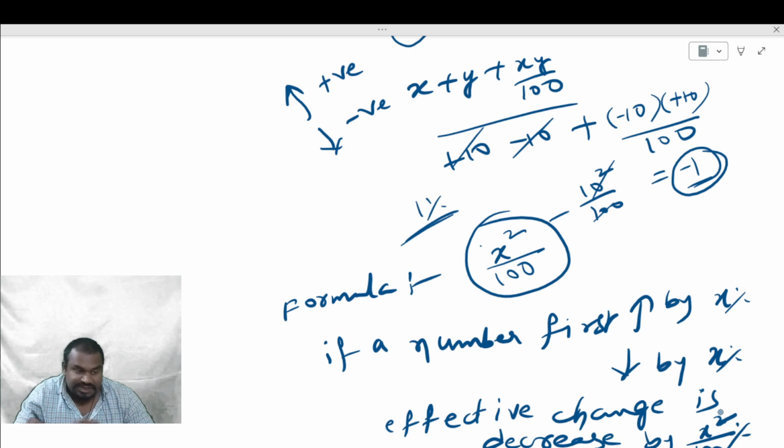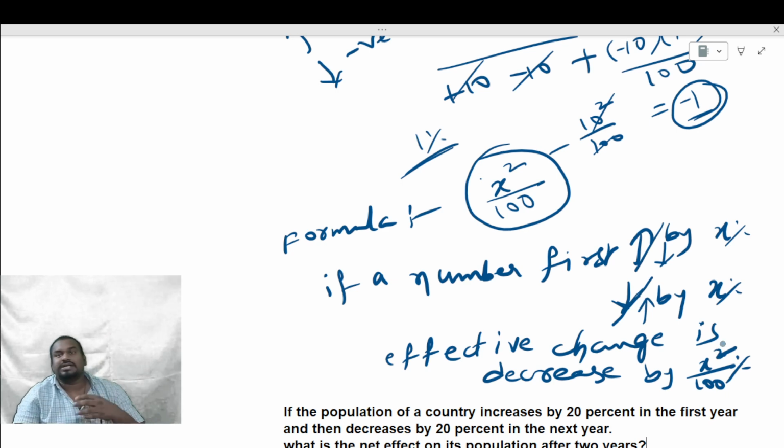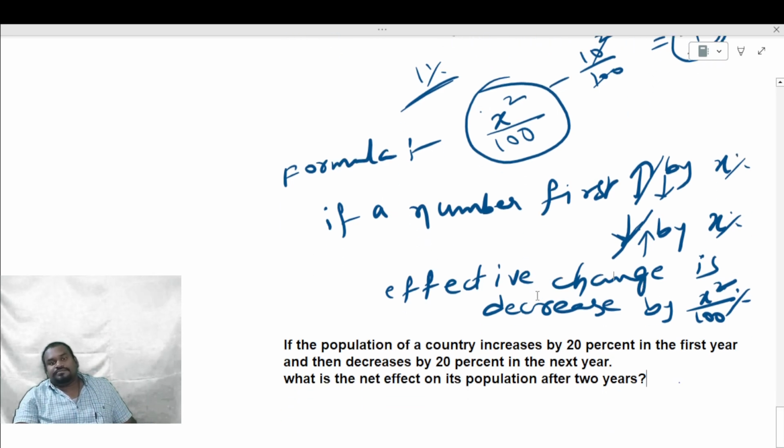Remember, it is a percentage value. In this, if a number is first increased by x% or first decreased by x%, and if the second is a decrease, it means the first is an increase. So this is valid for both cases. x square by 100 percent.